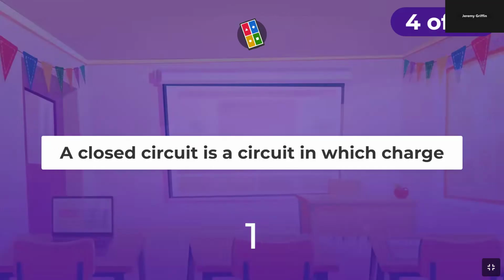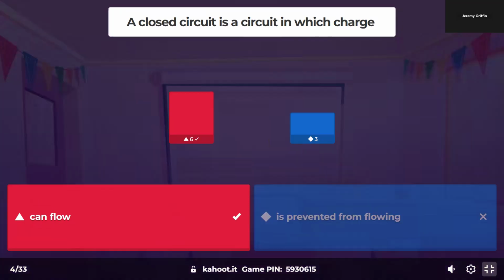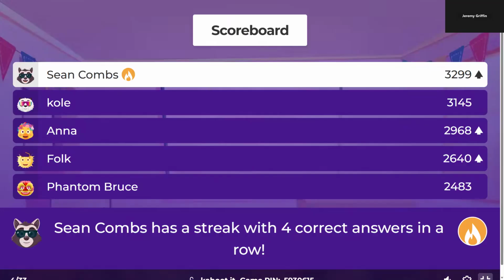It's a circuit in which charge can flow. Like the question two questions ago. It's basically the same question. Right? If it's closed, the current can flow all the way around from, say, the anode to the cathode of the battery. If you open the switch, everything turns off.